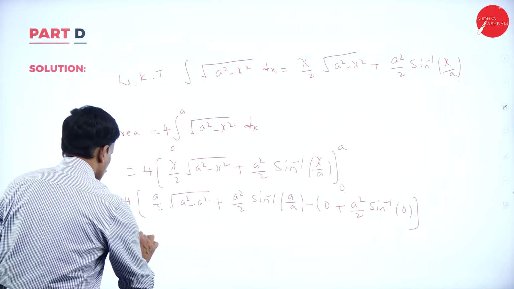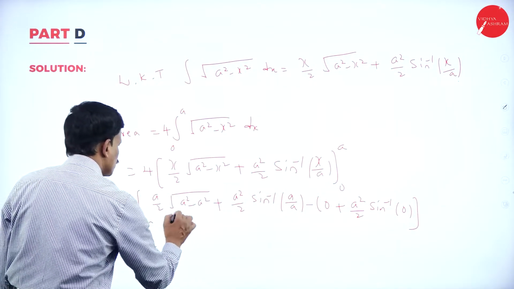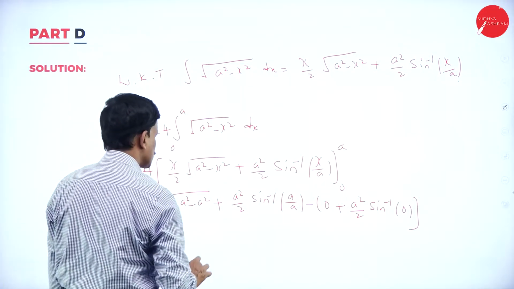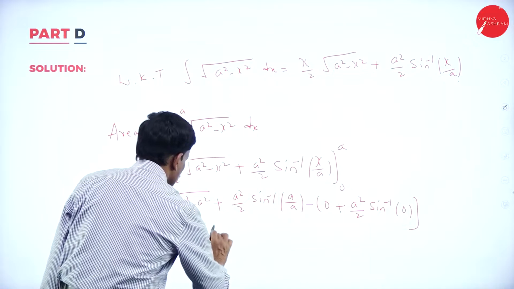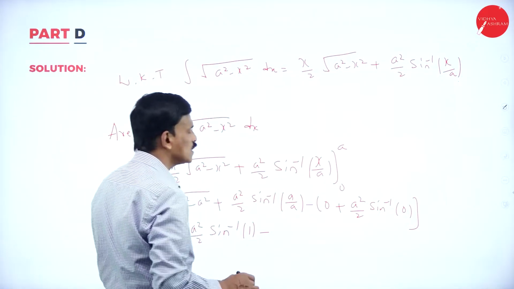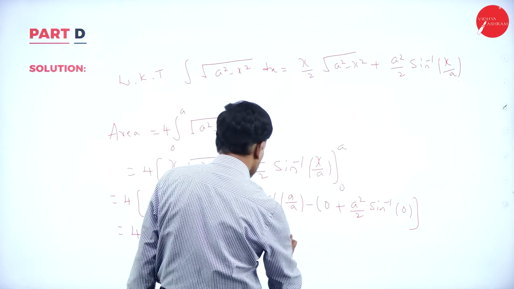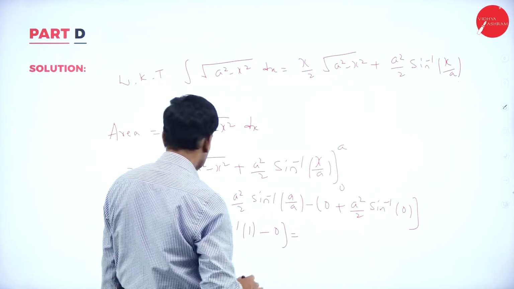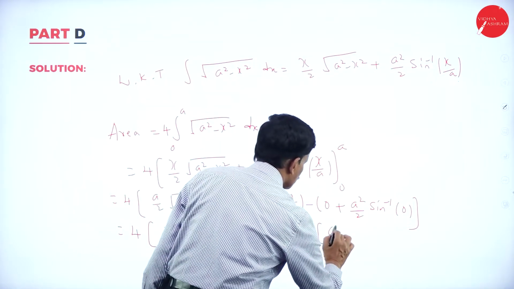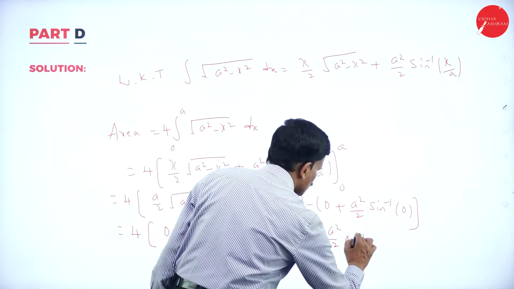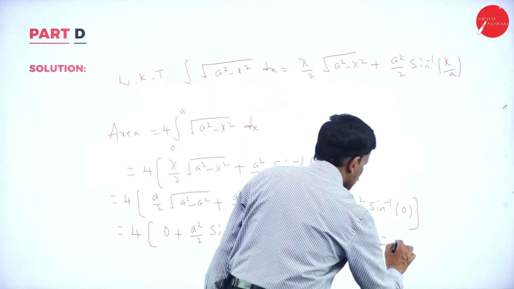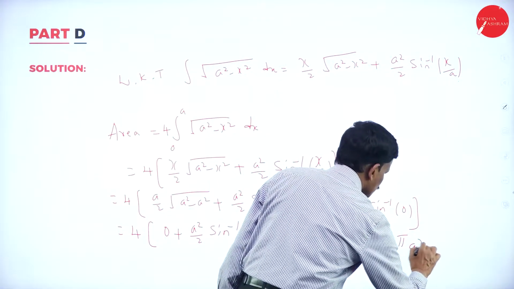This is equal to 4 into, this is 0, since a square minus a square is 0, and 0 into any number is 0, plus a square by 2 into sine inverse of 1, minus sine inverse of 0, which is 0. Now this is 4 into a square by 2 into, what is sine inverse of 1? Pi by 2. So the 2 and 2 of the 4 get cancelled. This is equal to pi into a square.